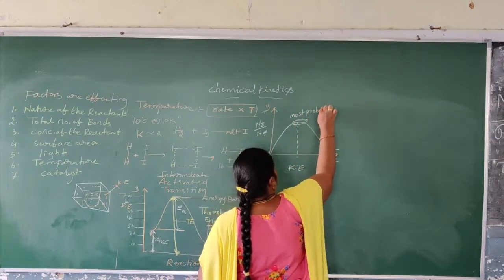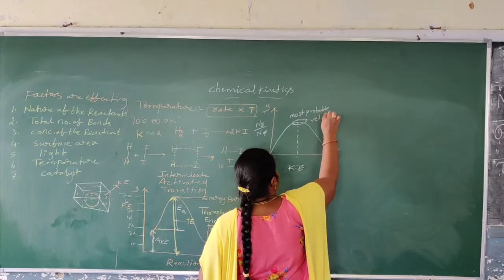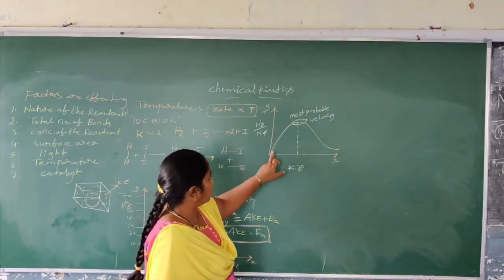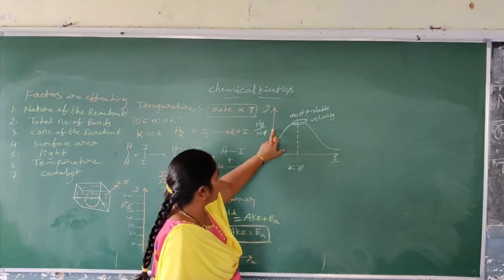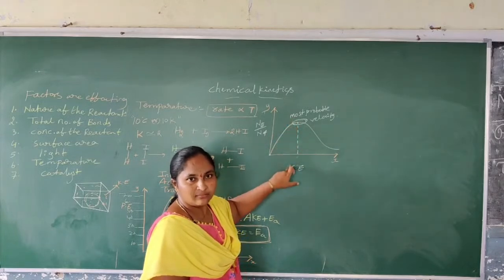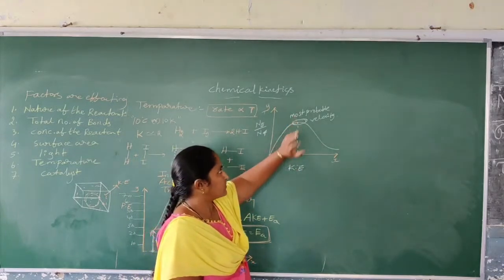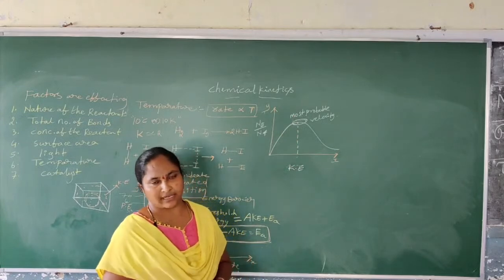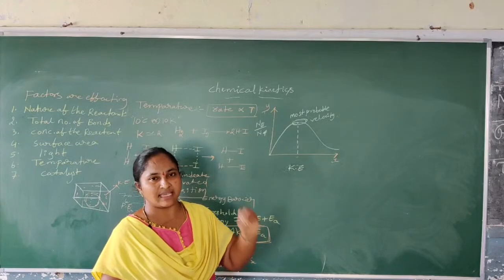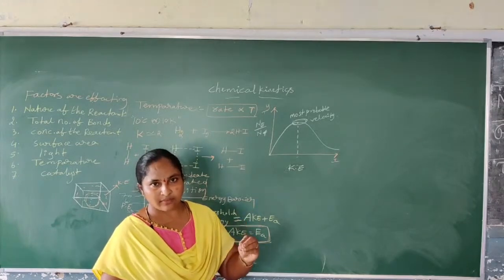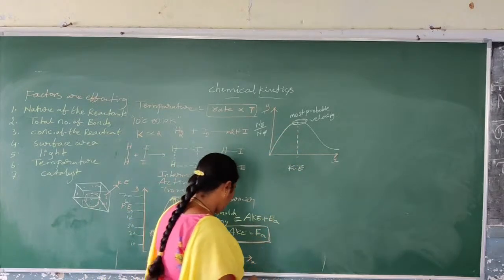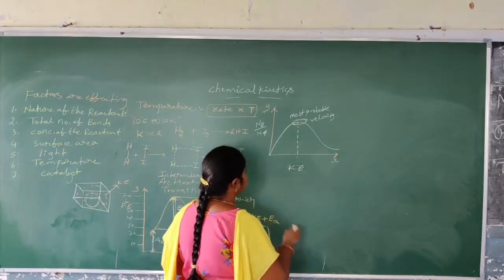Do you understand what I am saying here? 50 molecules are having the same energy. How can we define most probable velocity? Most of the molecules are having the same kinetic energy. That energy is called the most probable velocity.